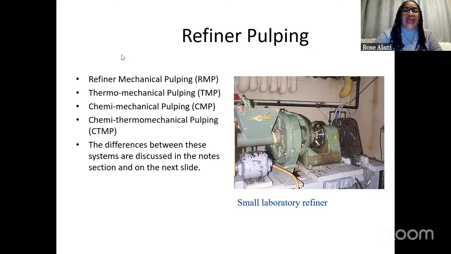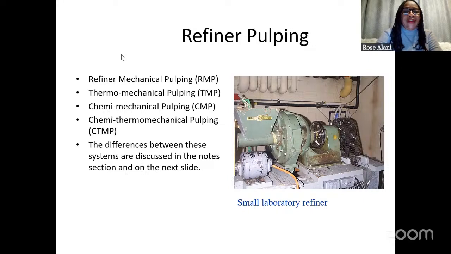So here we have the different pulping methods that we will see mentioned before. We have refiner mechanical pulping, called RMP. We have thermomechanical pulping, TMP. We have chemi-mechanical pulping, CMP. From that name, you can see that a little bit of chemical is added.